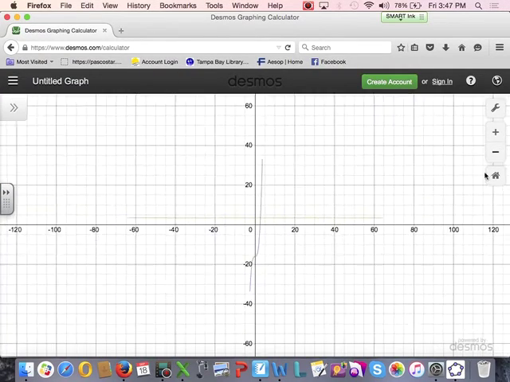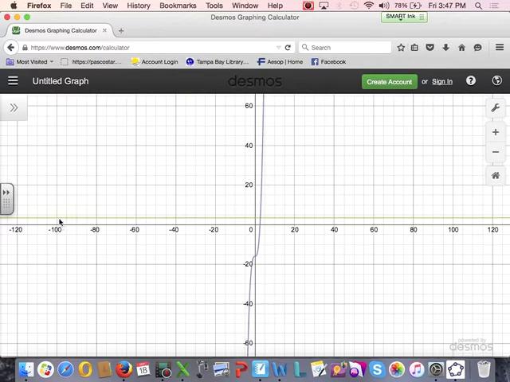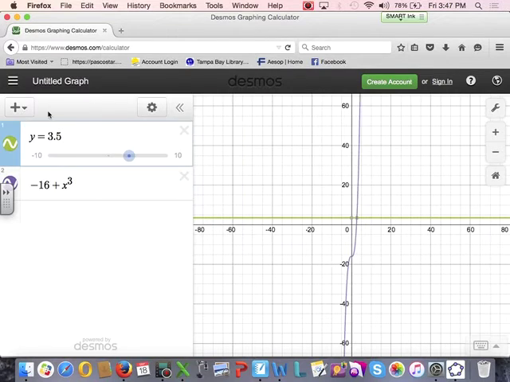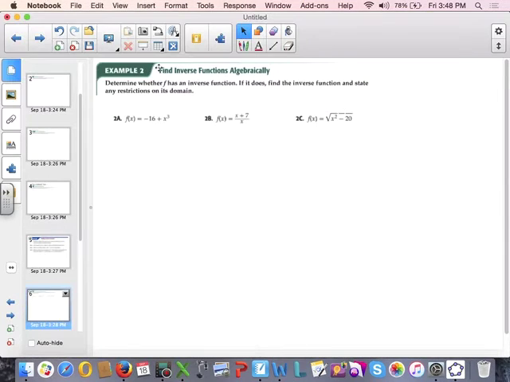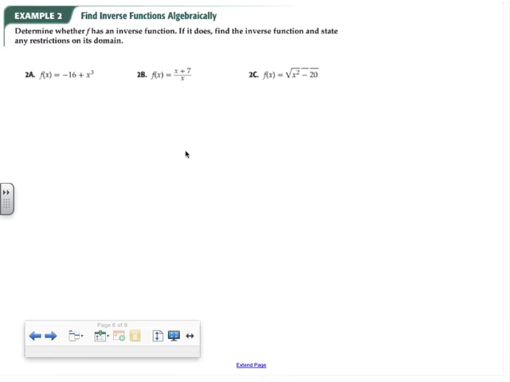And I might want to zoom out to make sure I'm not missing anything. But if I take this horizontal line and I slide it up and down my graph, it's never going to hit the function more than once. So this does have an inverse function.